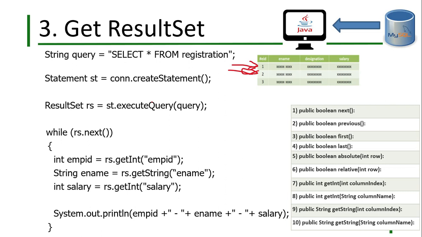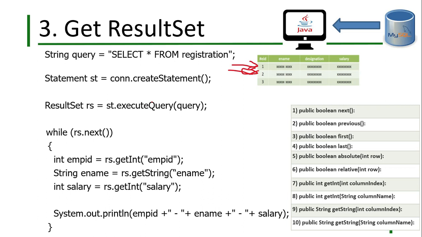Then getInt, as we are using a getInt function here to get the value of a particular field. It can be retrieved through a column number, by specifying the column index as an argument to this function, or, as in this case, we have specified the column name.